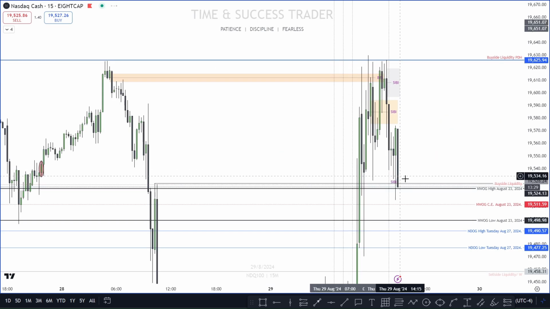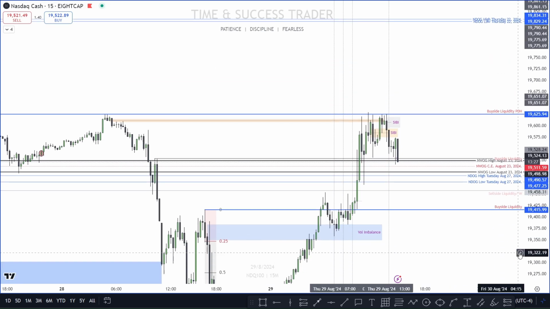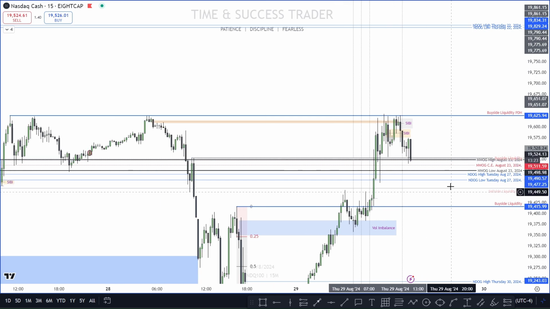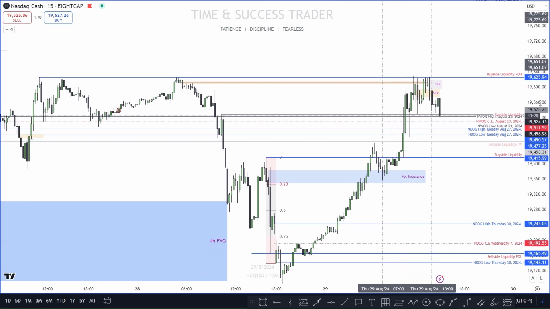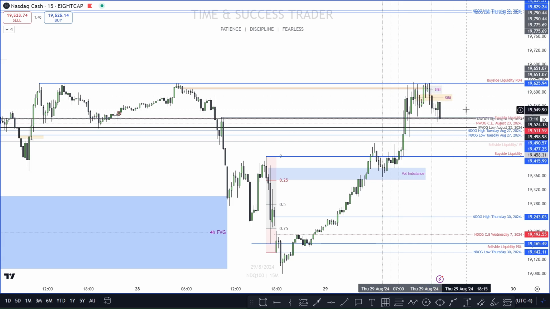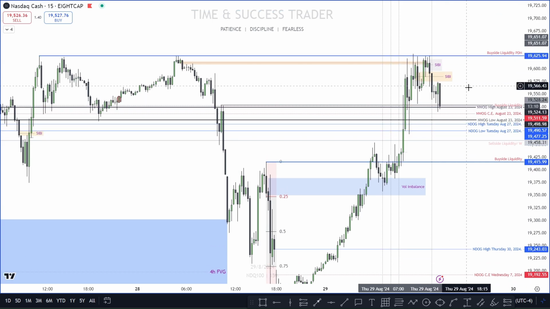Back to our 15 minutes. Okay, back up into this little area right here. And then this is a new candle. We're probably just running price lower to still go higher.